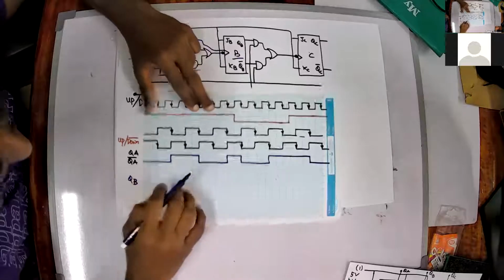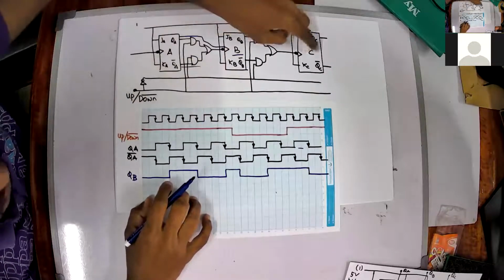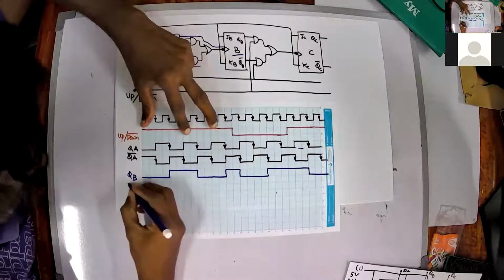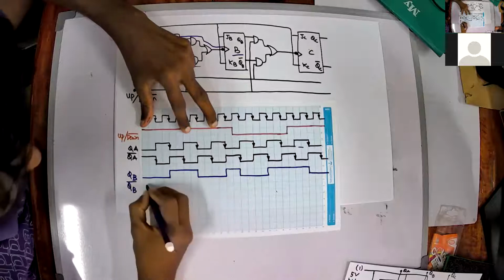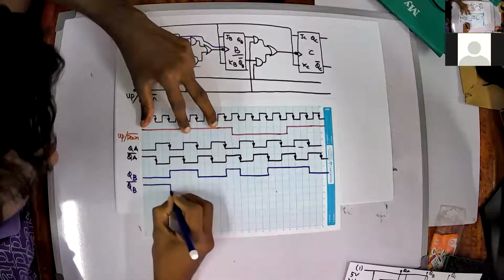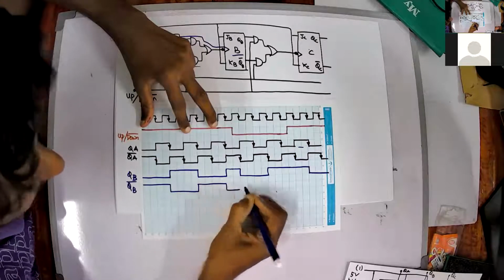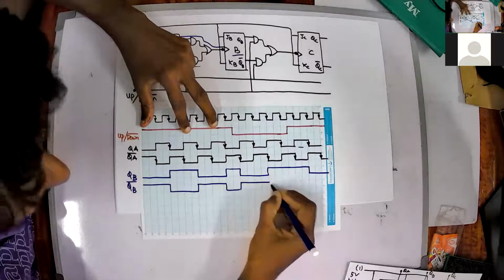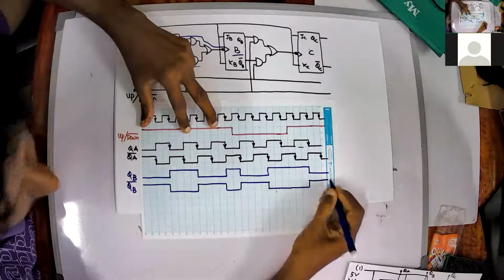Now we need QB bar as well, because we need it to draw the pulse signal. So let's take QB bar. If it is 1 0, that becomes 1 0. Clear?